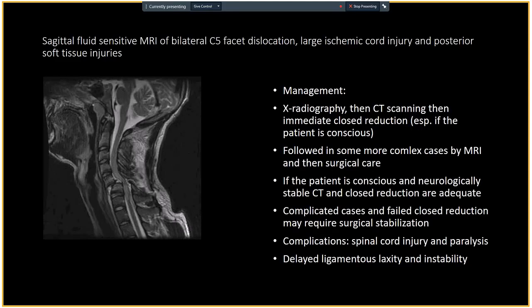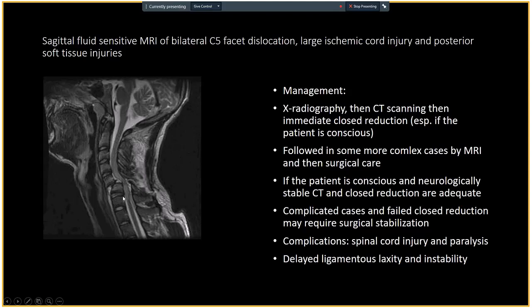Now, in this case, you can see complications of bilateral facet dislocation. You can see significant spinal canal stenosis with very extensive high signal intensity. This is a fluid sensitive study, T2, with high signal intensity within the spinal cord, significant anterior displacement of the vertebral body, and significant angulation and compression of the spinal cord.